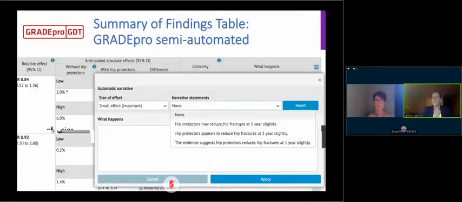And then also it is available if you're using the software GRADEpro to communicate your findings in a summary of findings table. It's also available to help you create the statements as well. So I might stop here, and then we can get to some more questions, if that's okay.